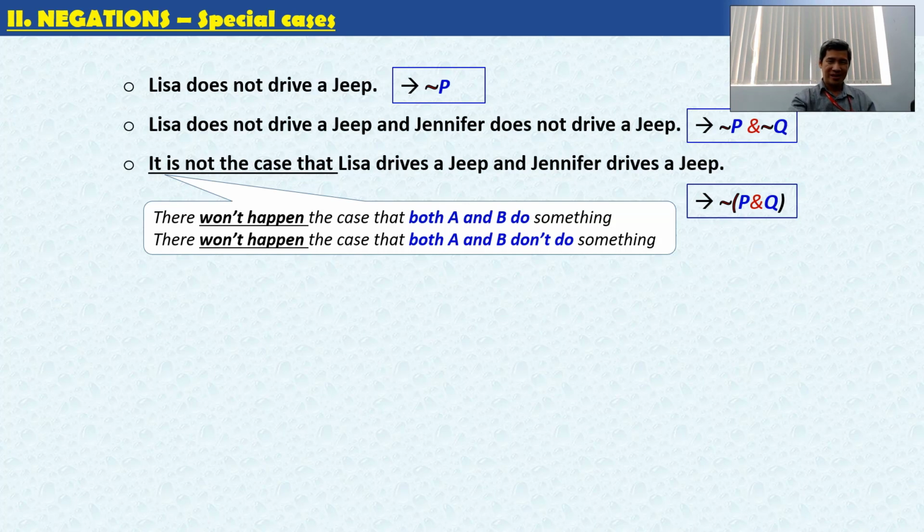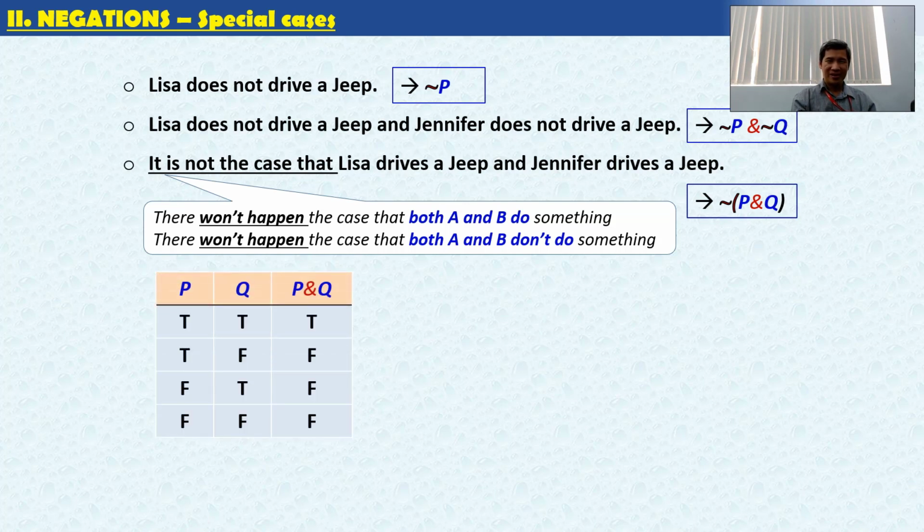Now let's analyze this. In order to have not the case P and Q, we need to have the conjunction P and Q, right? In order to have the conjunction not P and not Q, we need to have the value not P first, and we have the value not Q. Then we have a conjunction of those two, we say not P and not Q, right?